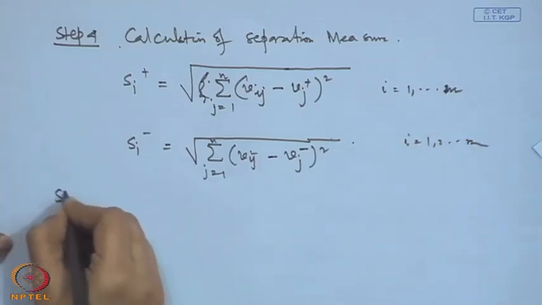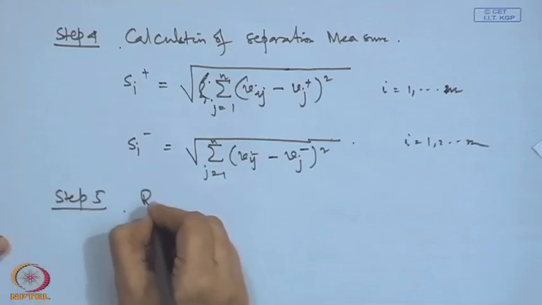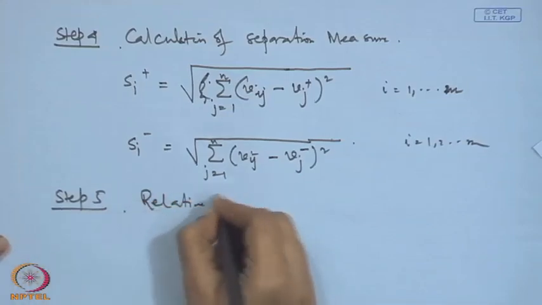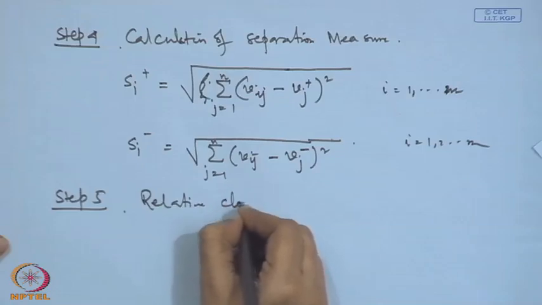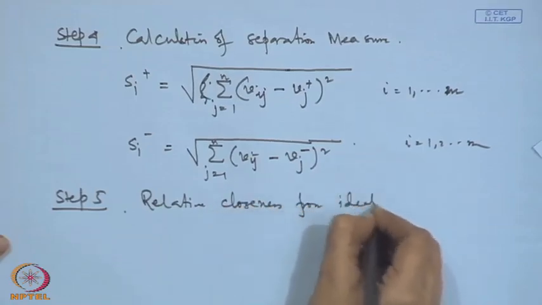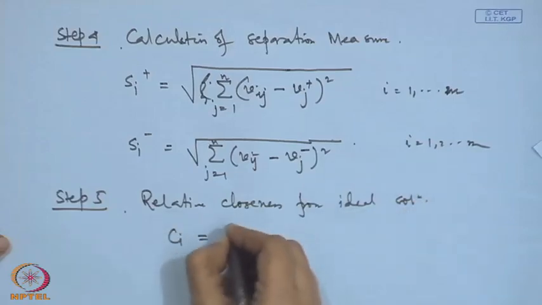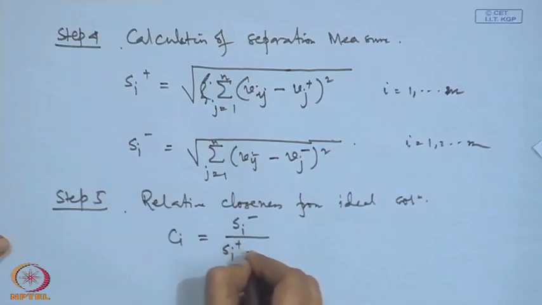And the next step, step 5, is that we consider the relative closeness to the ideal solution. The measure is S i minus divided by S i plus plus S i minus.